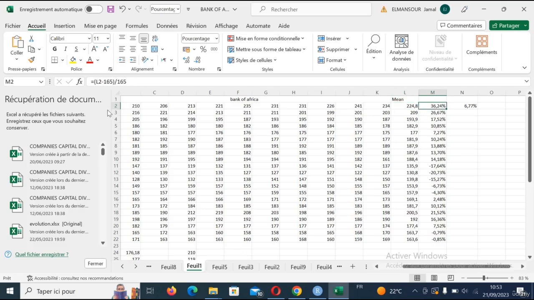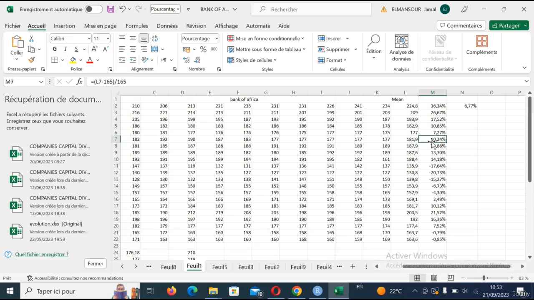For example, here we have L2, which is 224.8, and the mean of reference V0 in all of these values is 165. Okay, L2 minus 165 divided by 165, multiplied by 100, gives you 36.24%. Same here, same thing.